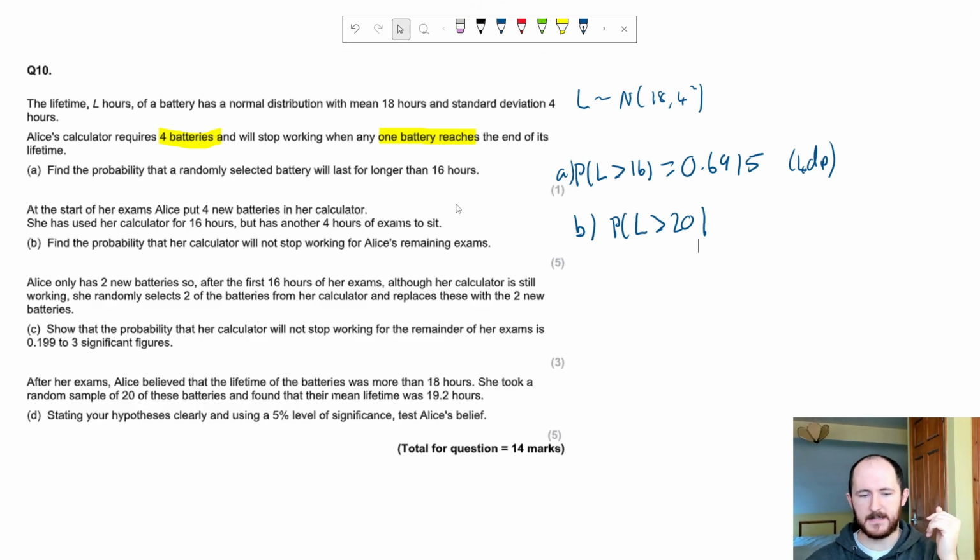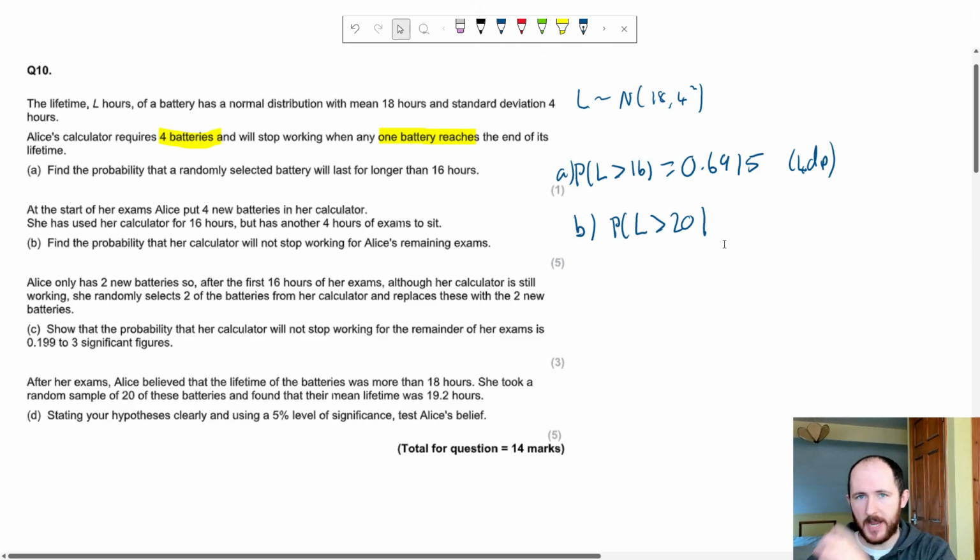The way I look at it is, imagine your phone had no battery counter and you're using it. In the first hour, you wouldn't expect your phone to randomly die if you know it's been fully charged. But as the hours go on, it's more and more likely that your phone will die at any moment. If you use it for 10 hours, it's more likely to die than if it was at 5 hours or 2 hours or 1 hour. So in other words, the probability changes, which means it's conditional probability.